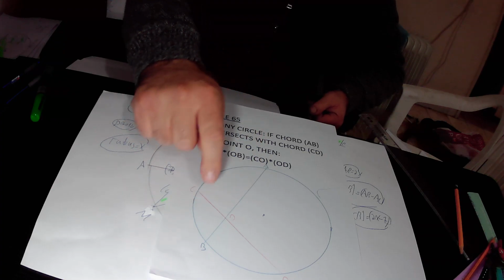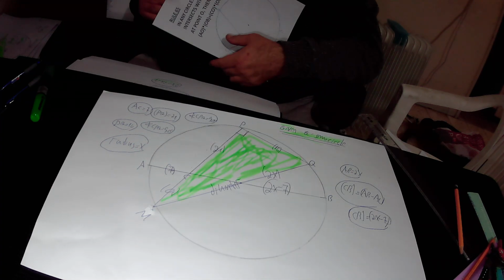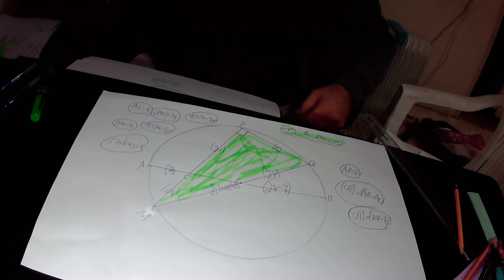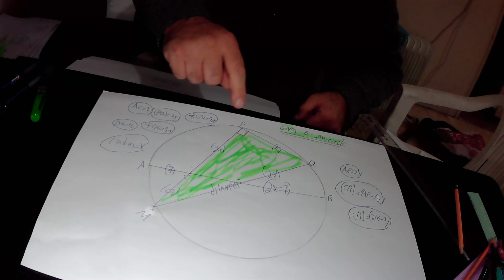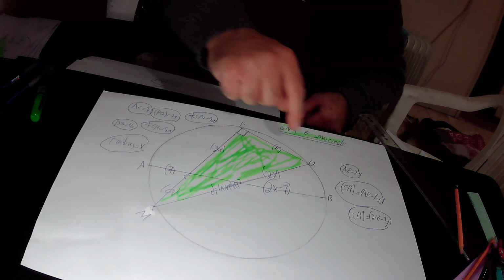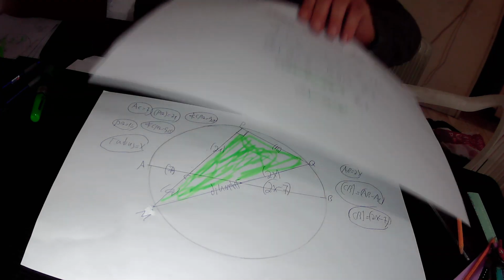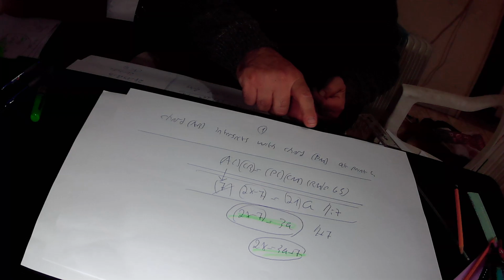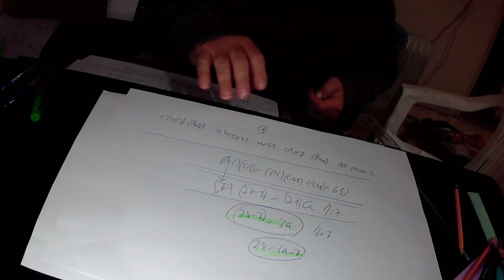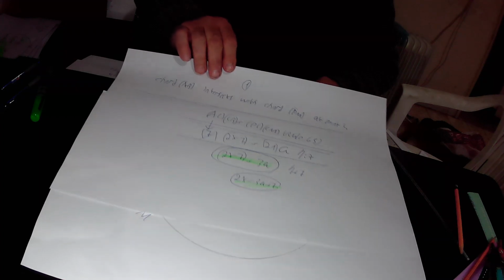We can implement rule 65 in our drawing, because in our drawing we have chord AB that intersects with chord PM at point C. So therefore, we can implement rule 65.